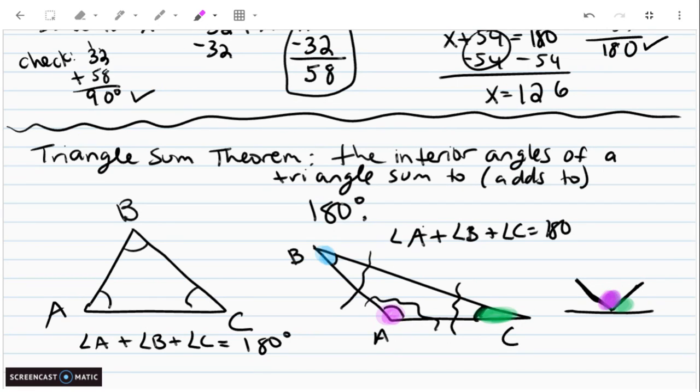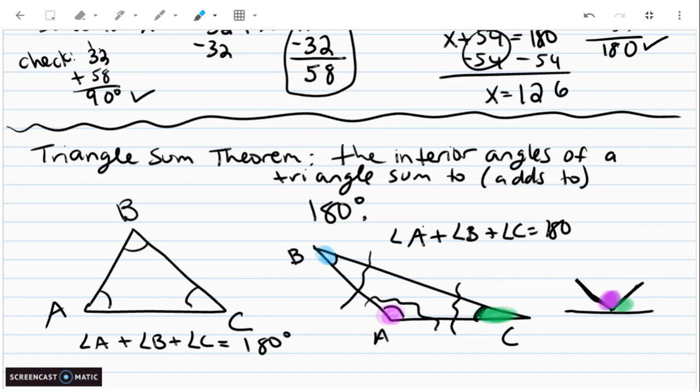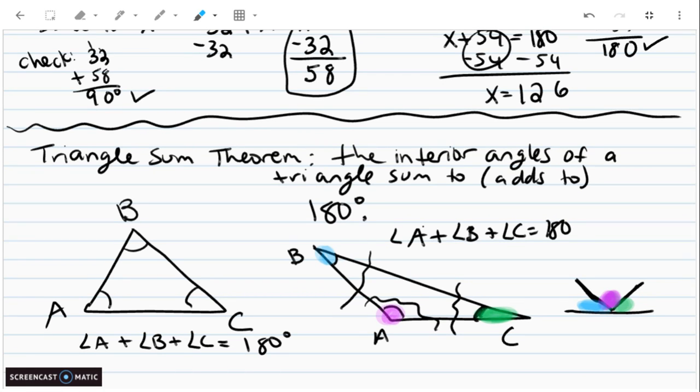And then the corner edge is blue. Over here is our blue corner. And so you did this for your triangles, and I did it many times, and it always adds to 180. So we're going to practice using that.